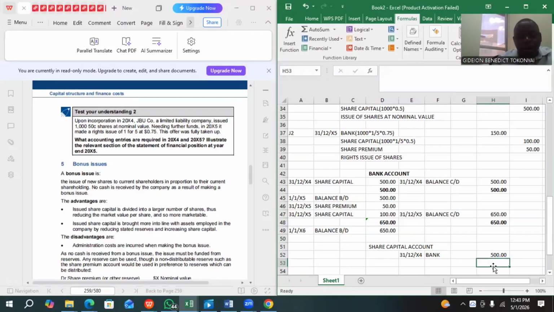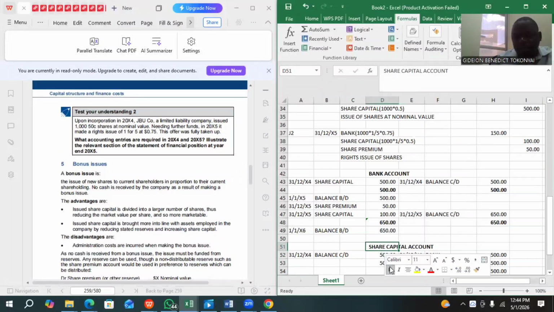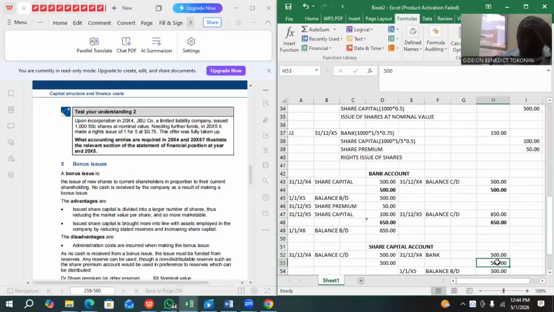For that period we close off the account, which represents our balance carried down, and then brought down at 1 January 20X5, the balance of 500. That's how we do it for this period. We are done. Then you continue to record the 20X5 details.